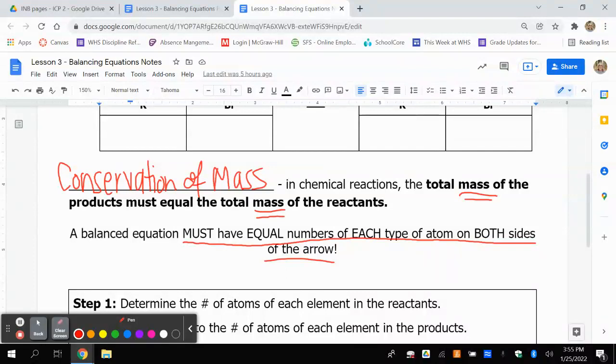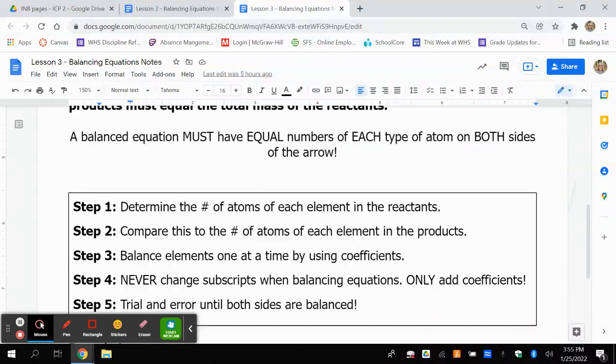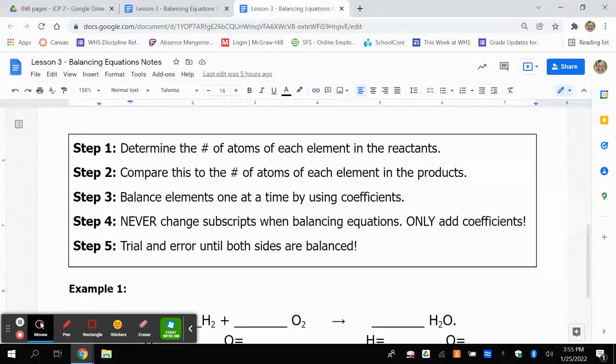Okay? So if we go down a little bit further here, these are the 5 steps that we need to do in order to balance the equation. Step 1 is to determine the number of atoms on the reactant side. Then we determine the number of atoms on the product side.